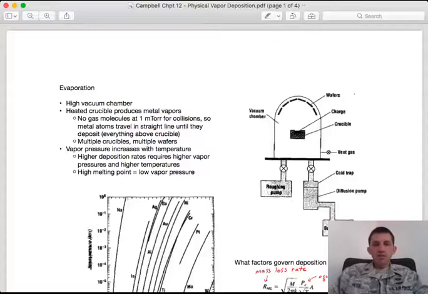But things that we think of as metals, like gold and silver and aluminum and titanium and nickel, don't really have appreciable vapor pressures. Even when we're talking about pretty low, 10 to the minus 5, 10 to the minus 6 torr, even at these relatively high temperatures. So if you go down to room temperature, it's essentially negligible. And so you're going to increase the vapor pressure, as shown here in this chart, by increasing the temperature.